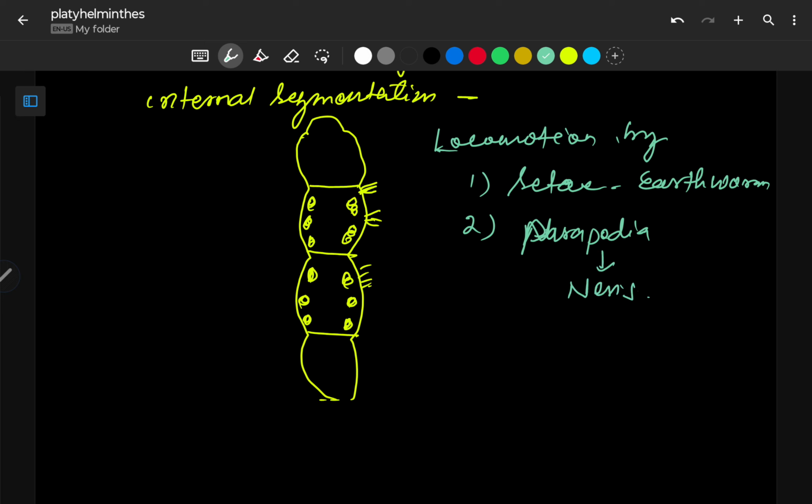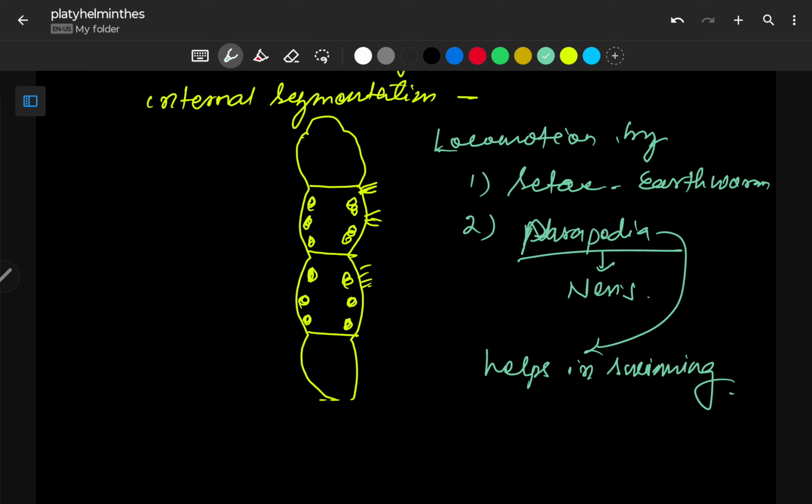Okay, and this parapodia helps in swimming. Okay, but these parapodia are absent in case of earthworm and leech.